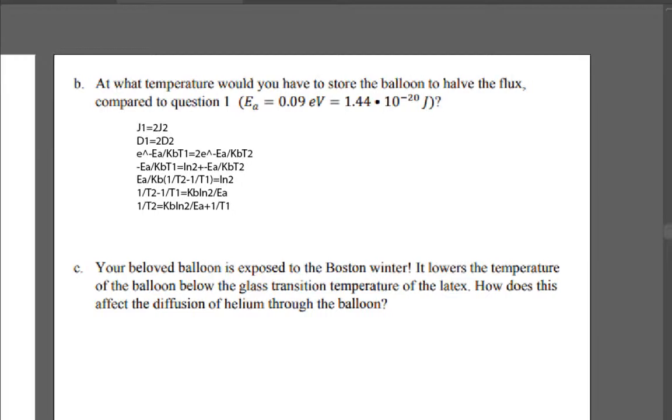So yeah, 1 over 273.15 added by 25 degrees Celsius, that would be 298.15.